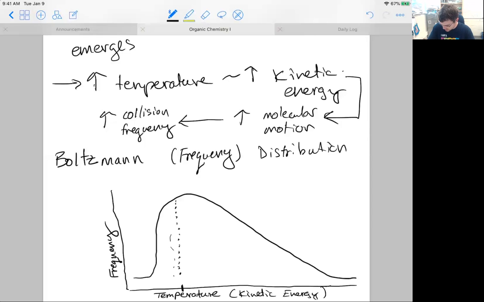But that's what this is. This depicts the population of molecules with any particular temperature.